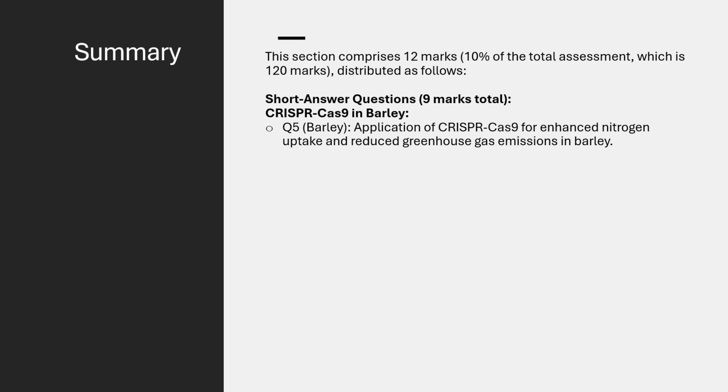This section comprises 12 marks, 10% of the total assessment, which is 120 marks, distributed as follows. Short answer questions, 9 marks total. CRISPR-Cas9 in barley. Question 5. A barley application of CRISPR-Cas9 for enhanced nitrogen uptake and reduced greenhouse gas emissions in barley. Question 5A1.